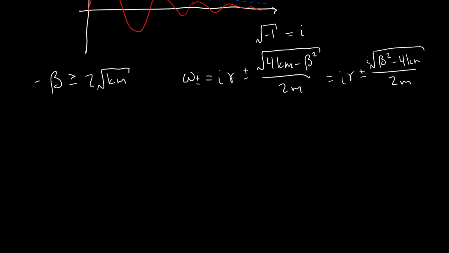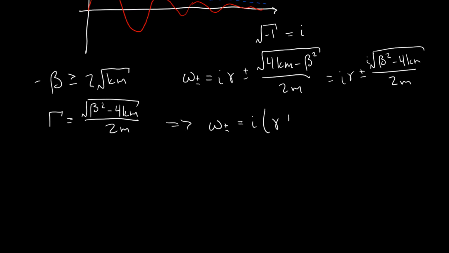And now I'm going to define some capital gamma, big gamma, very similar to what I called big omega earlier, so that I can rewrite omega plus or minus equals i gamma plus or minus big gamma.